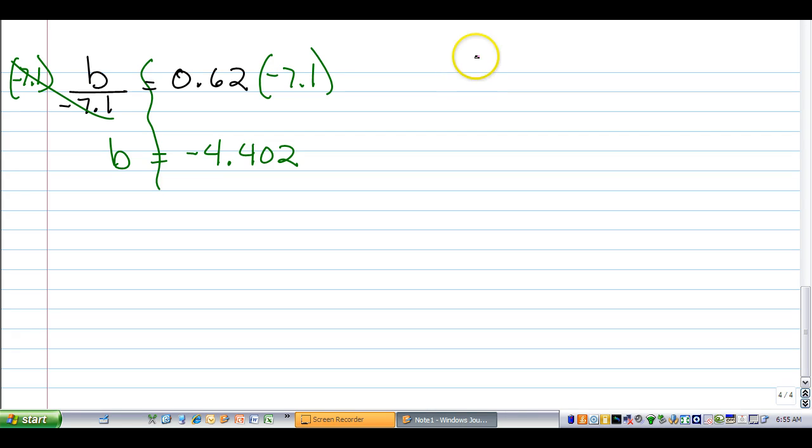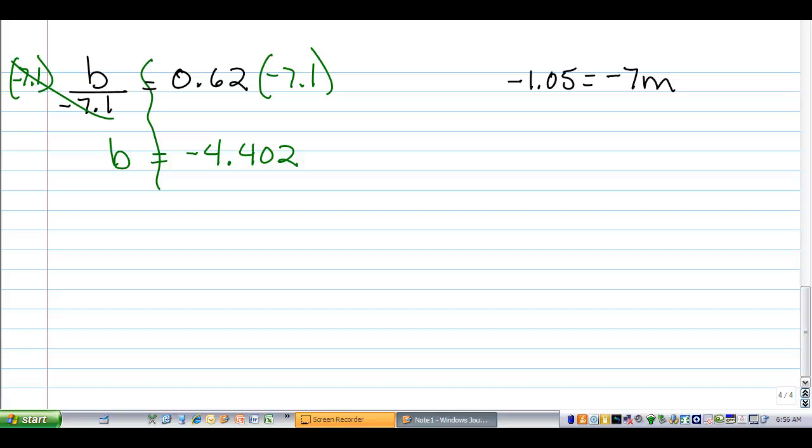All right, let's try a division problem now. This problem is actually a multiplication problem, which you're going to have to do the opposite, which is division. We have a negative 1.05 is equal to a negative 7m. So you're dealing with negatives. Make sure whatever you do to one side, you do the exact same thing to the other side.